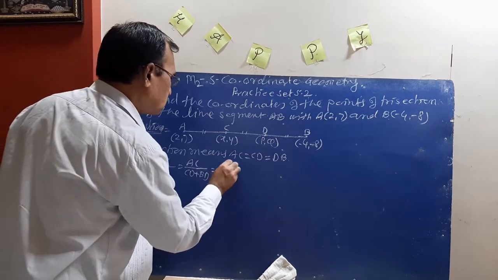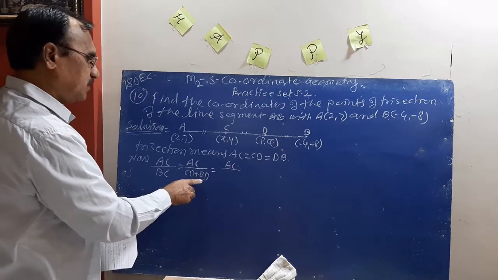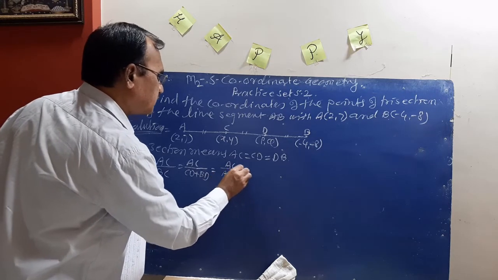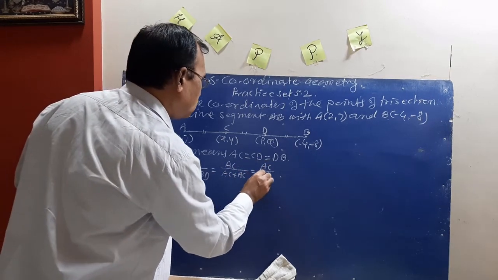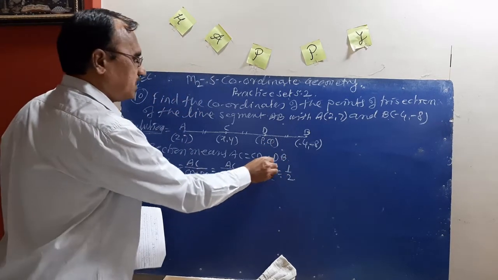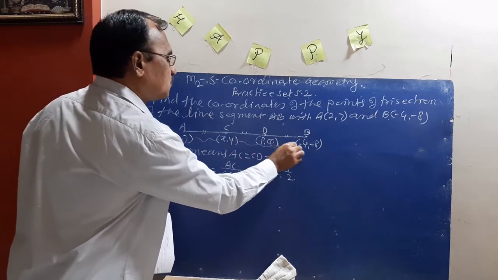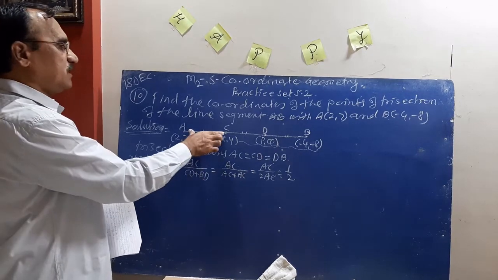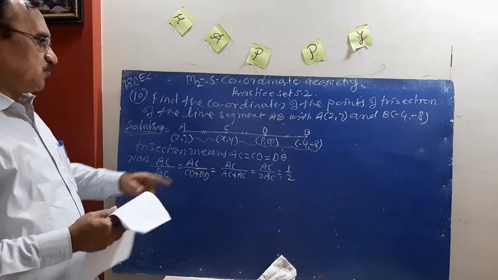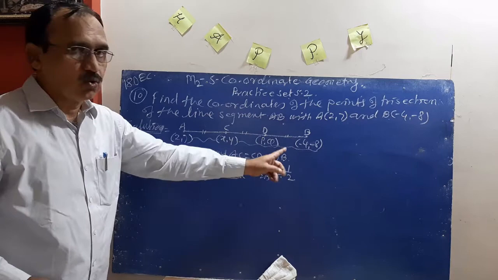Since these three segments are equal, we can write AC upon AC plus AC, which is AC upon 2AC, equal to 1/2. AC gets cancelled. That means if AC is 1, then CD is 2. That means point C divides the segment AB in the ratio 1 to 2.